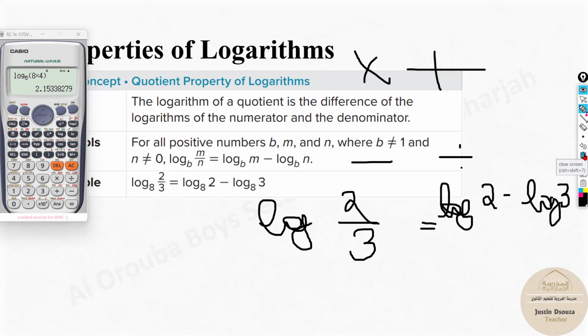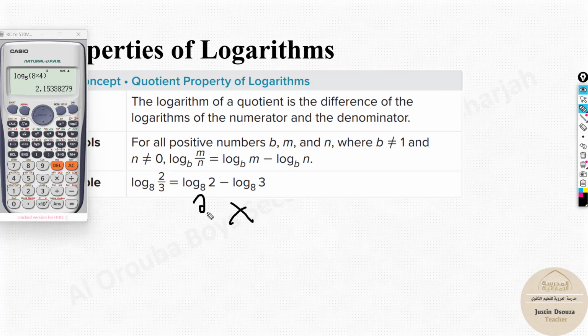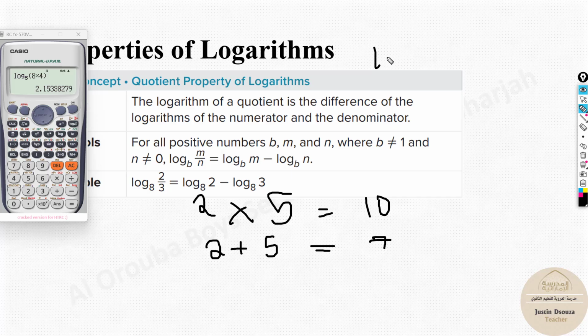Why? Because multiplying numbers, 2 multiplied by 5, the answer is 10. Adding these two numbers, the answer is 7. It becomes bigger, whereas subtraction makes it smaller. 10 minus 2 is 8, smaller than what we had. 10 divided by 2 is 5.